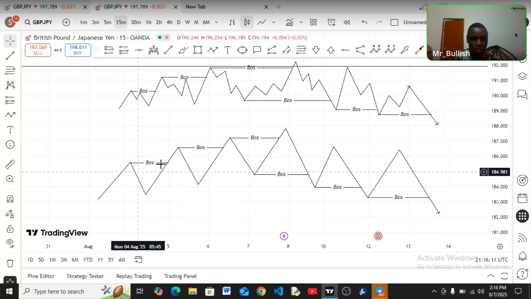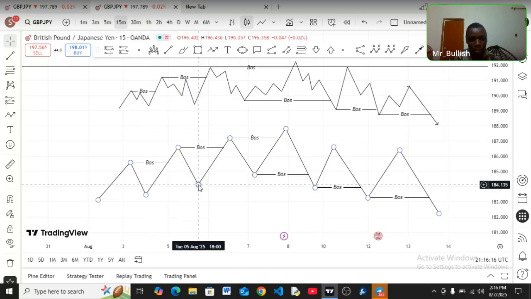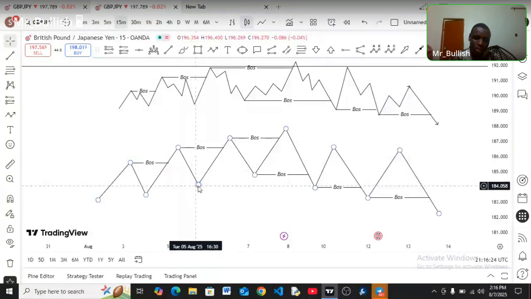The same thing happens here. The market retraces, and if you notice, retracing to this point, it failed to break below this point. You can see it has broken below right now.